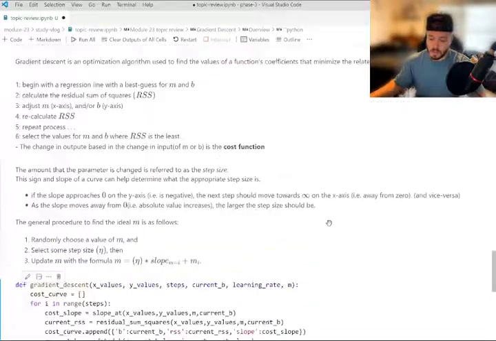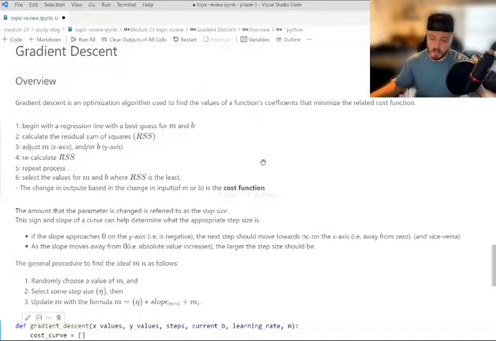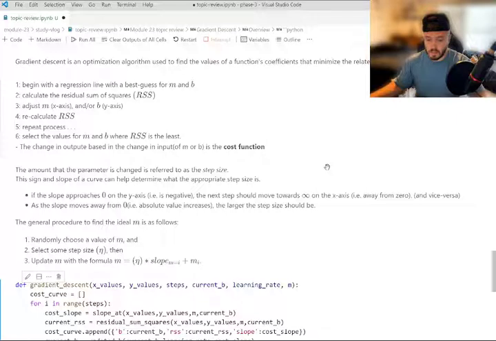I should have included a better visual for that here, but we'll get on with ourselves. So you begin with a regression line with your best guess for M and B. B is your y-intercept, where x equals 0, right? And M is the opposite of that. Basically, it's your x-intercept where y equals 0.